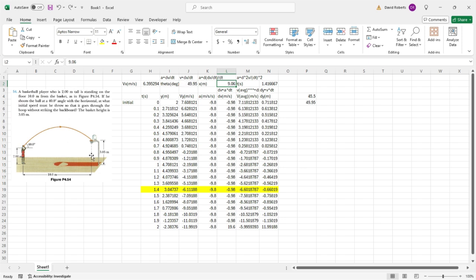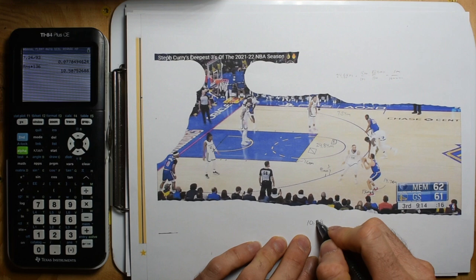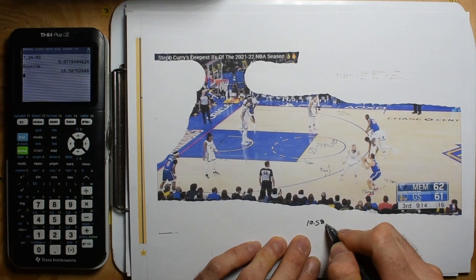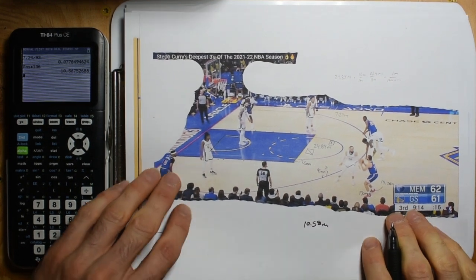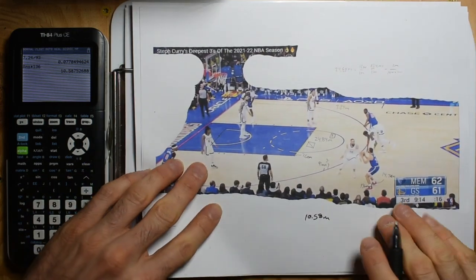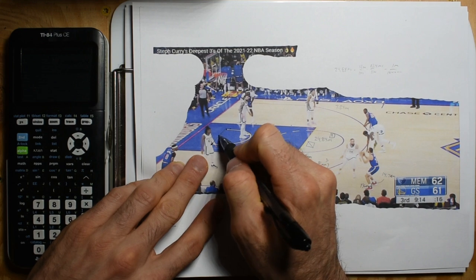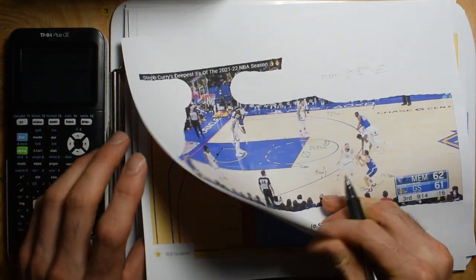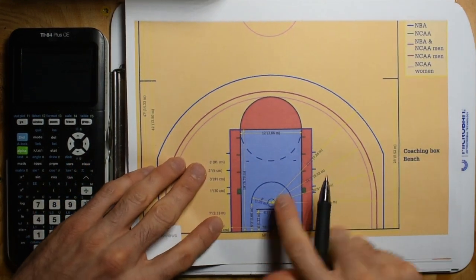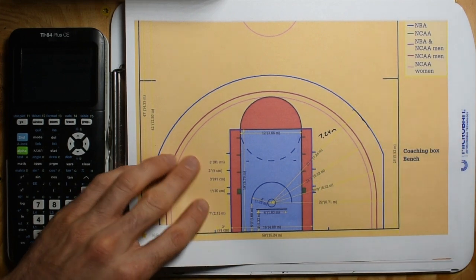All right, let's go back on paper and solve this problem as it is. I think we can increase the meters to 10 to 10.58 meters because, all right, this was cool. We got the full dimensions of a basketball court, and between this half circle, that midpoint is the center of the hoop. So there you go, center of the hoop, and we're 7.24 meters to the 3-point line.